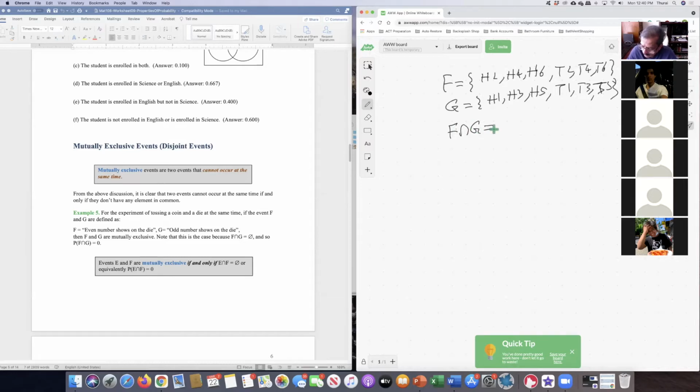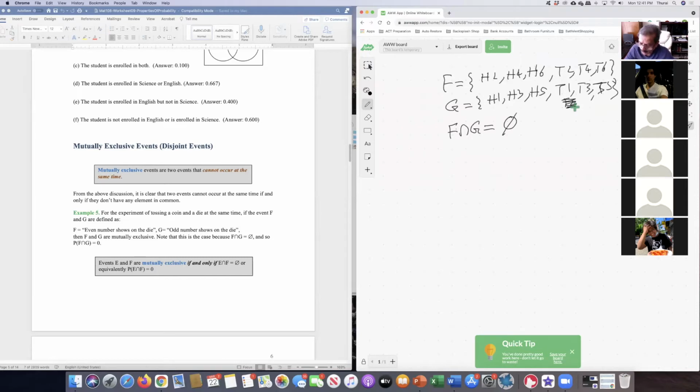If you look at F intersection G, there's nothing common. It's empty. So that's when they both cannot occur at the same time. If there is anything common, if there is a T2 that's also here, then when T2 is the outcome, both events happen. But there's nothing common to both. So there's no way both of them can happen.